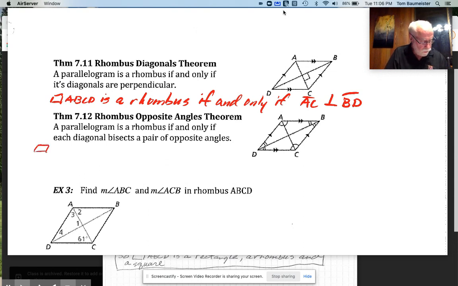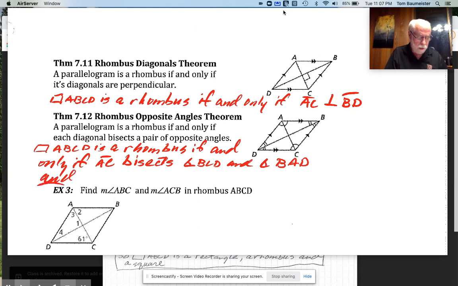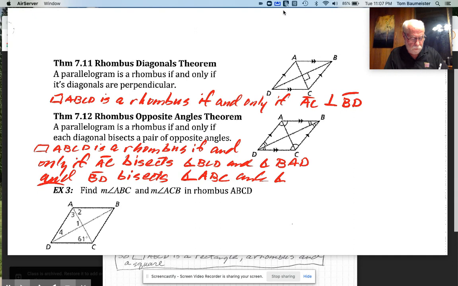So let's write down what it's saying. Quadrilateral ABCD is a rhombus if and only if line segment AC bisects angle BCD and angle BAD, and, okay, both of them have to happen, line segment BD bisects angle ABC and angle ADC.